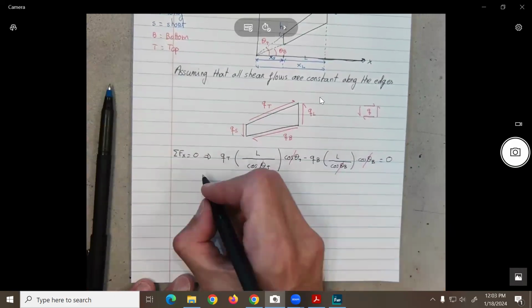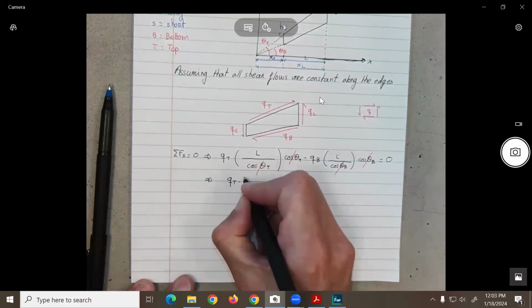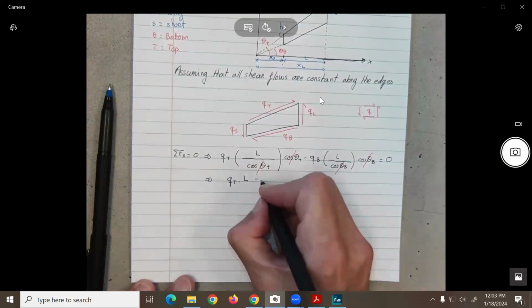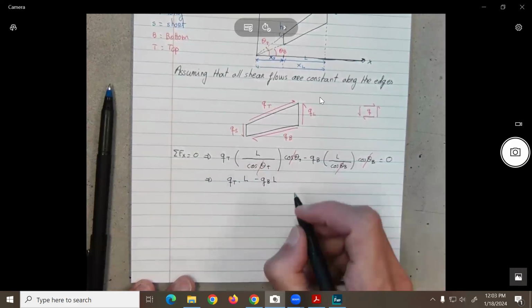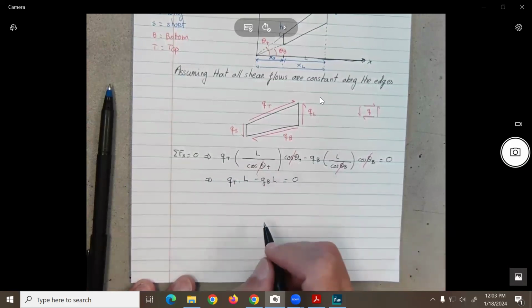So basically we get, which makes sense, that Q top L minus Q_B L equal to 0.